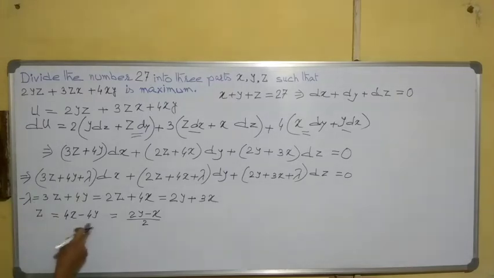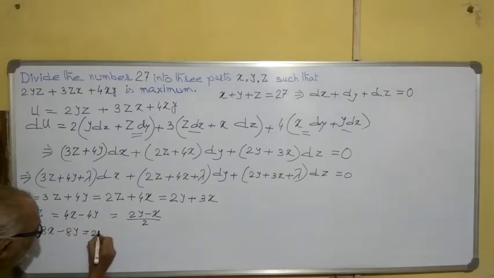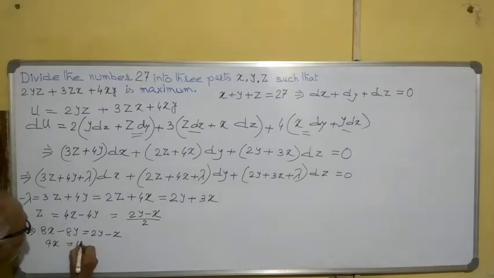Since z equals both of these, they are equal. From here, 8x minus 8y equals 2y minus x, that is 9x equals 10y, that is x equals 10 by 9 y.